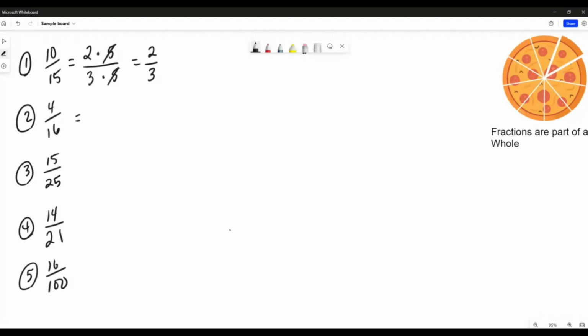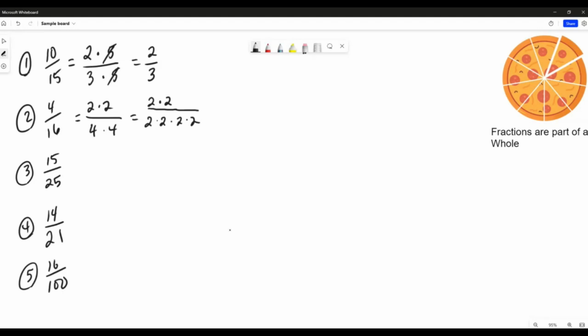Okay. 4/16. 4 is 2 times 2. 16 is 4 times 4. The 2s cannot be broken down any further, but each of these 4s is 2 times 2. So we break each 4 down into 2 times 2.